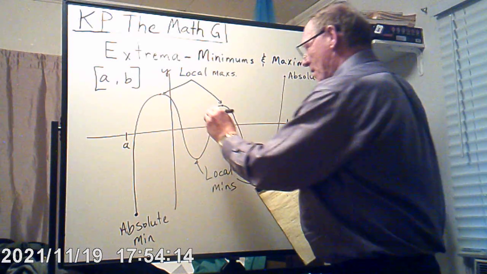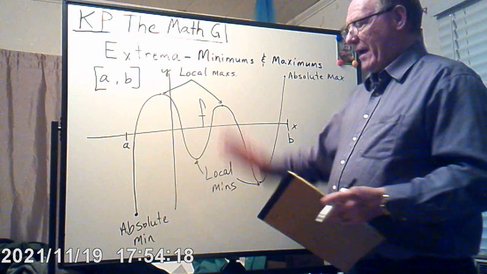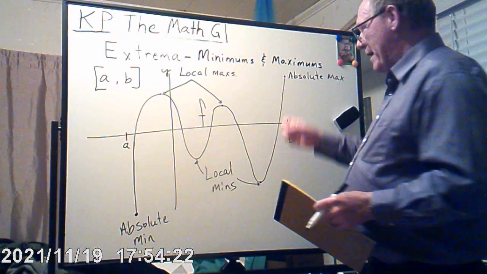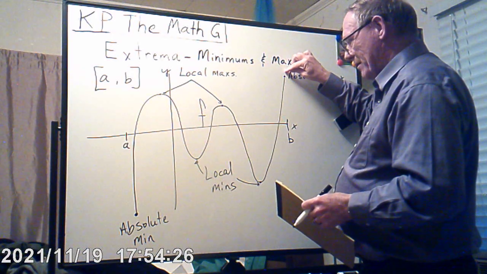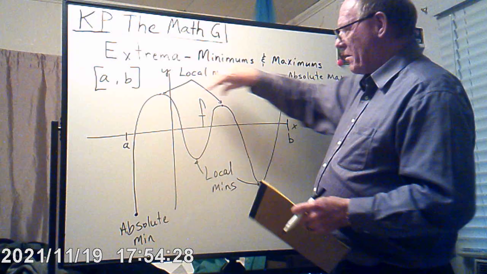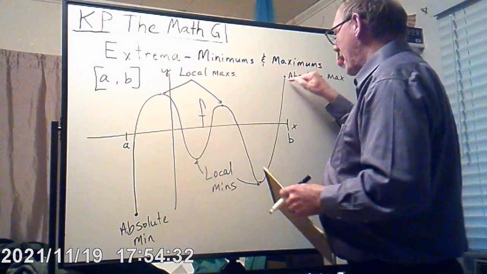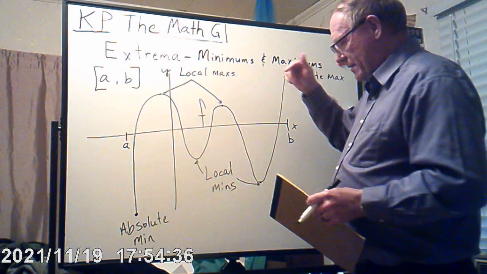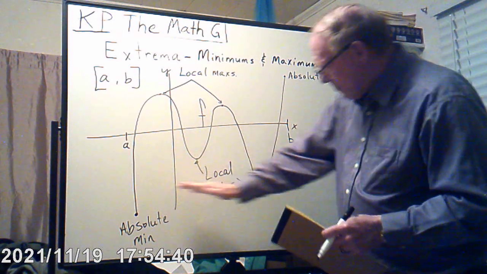If we call this function f right here, f has all four. f has an absolute minimum and an absolute maximum. So this is the highest point on the graph. These are local maximums because they're not the highest points on the graph. This is the highest one here. And these are local mins because they're not the lowest points on the graph. This one almost catches up with that one.